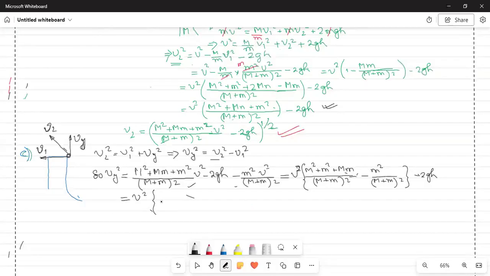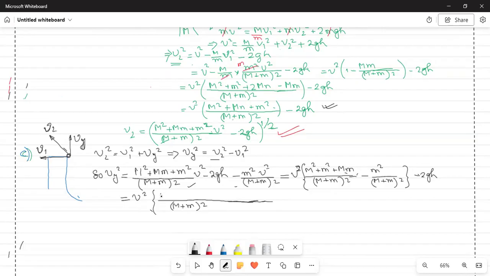We both have the same denominator. Since both have the same denominator, we further simplify capital M plus small m whole square.